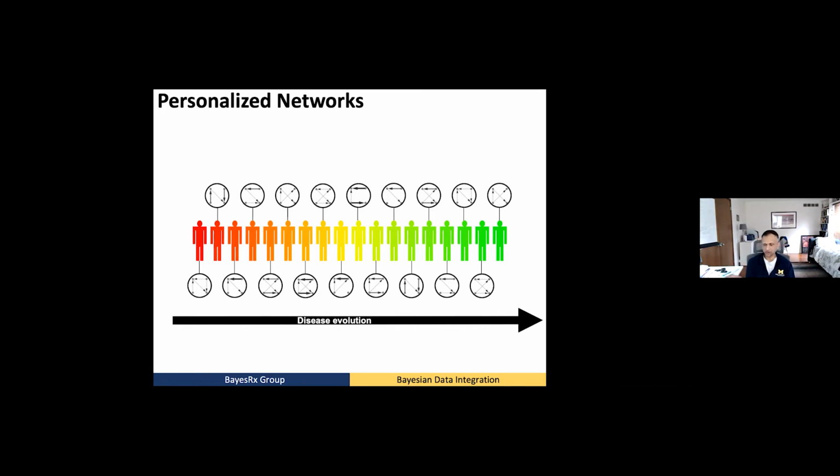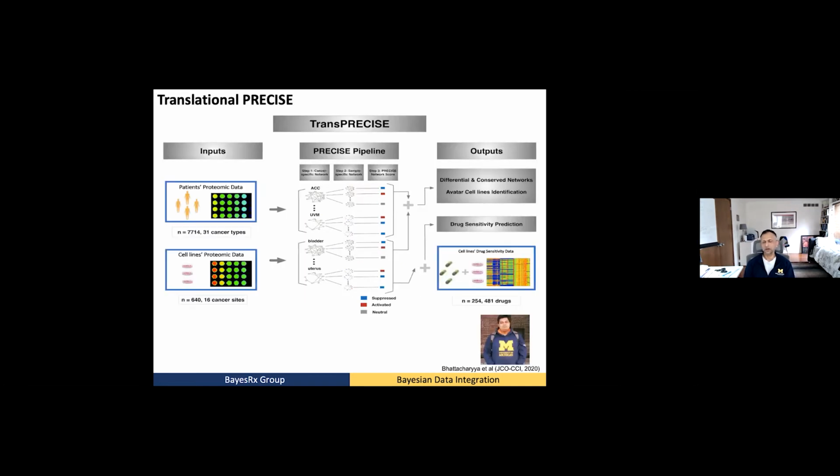That trajectory might be anything, such as disease evolution or types of cancer, and that's something we've been working on. And that leads to Rupam's part, where he'll show some background and work in this regard.